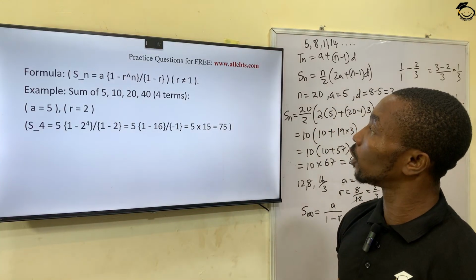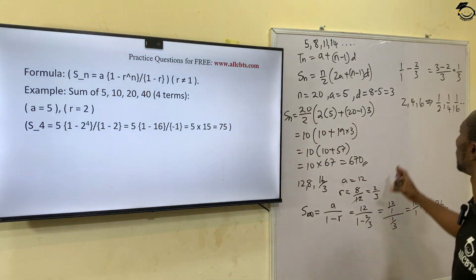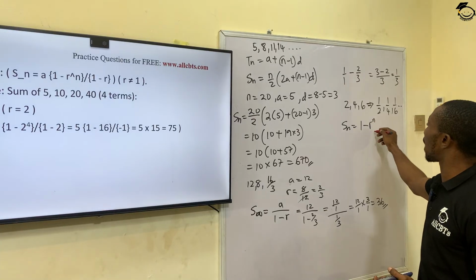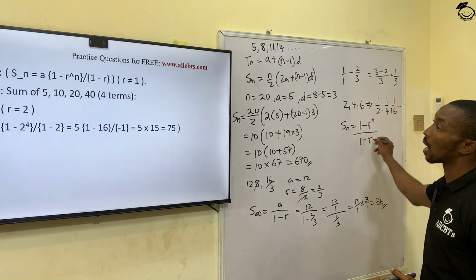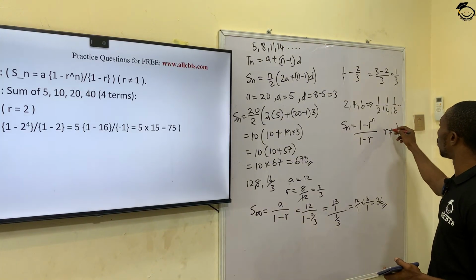For the geometric series, we have Sn equals a times 1 minus r raised to the power n, all over 1 minus r, where r is not equal to 1.